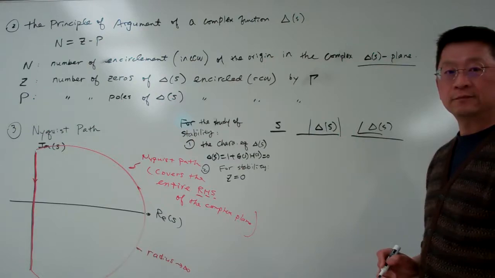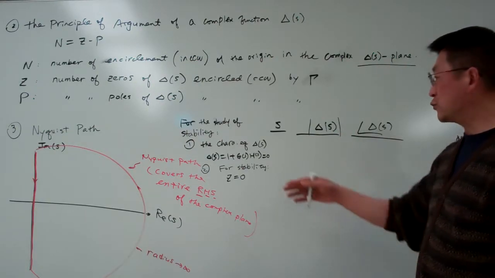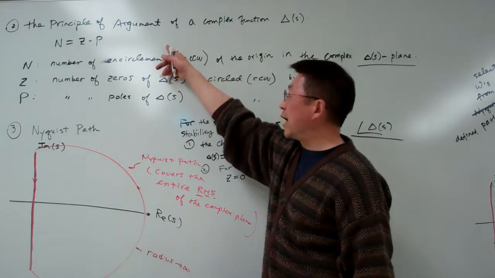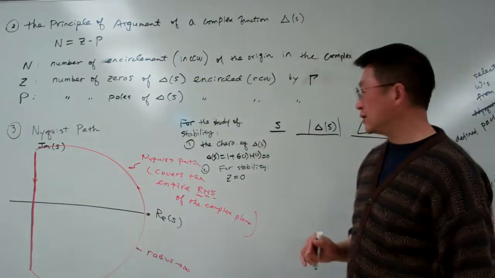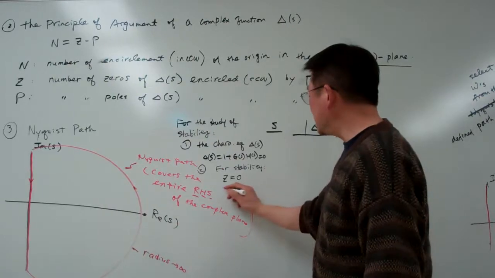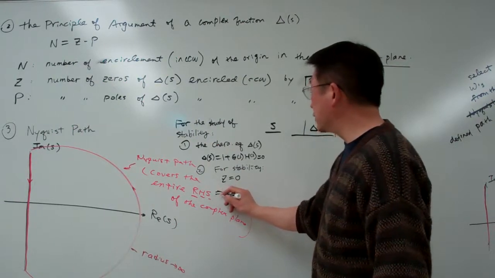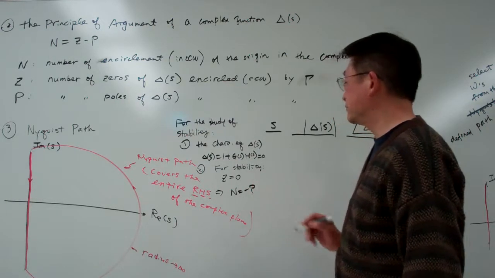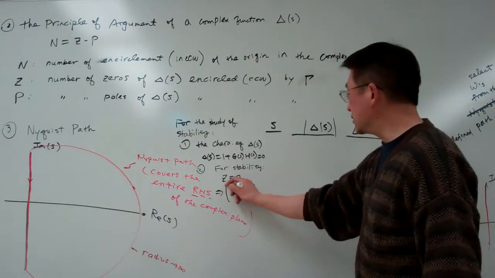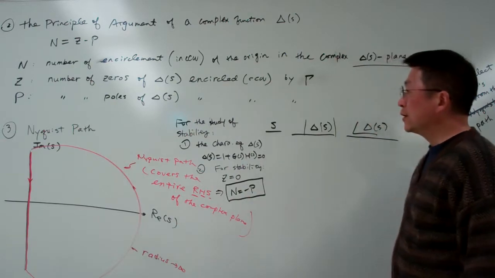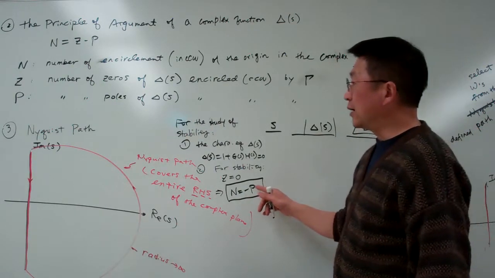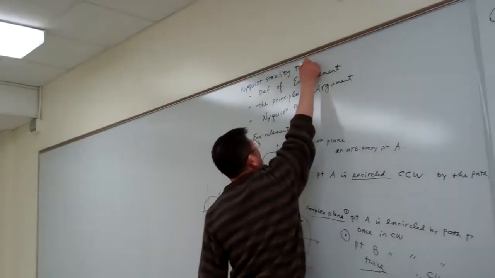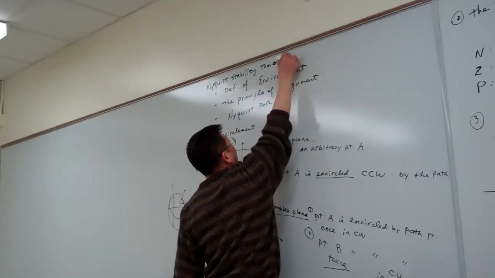You good? Okay, so right now I'm trying to apply this argument principle to study the stability. Under this case, we apply our argument principle that n must be equal to minus p. In definition, basically this is n equal to minus p.